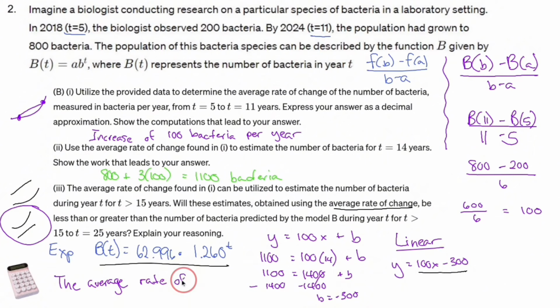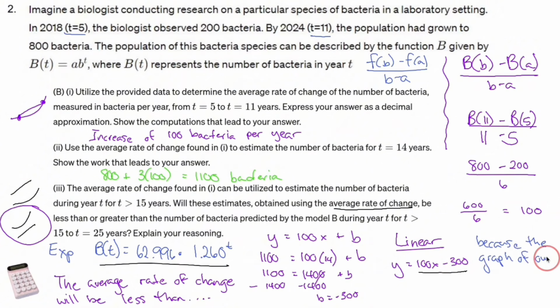The average rate of change will be less than, and to explain why, we'll write it out over here, because the graph of our average rate of change formula is below the B of t formula.